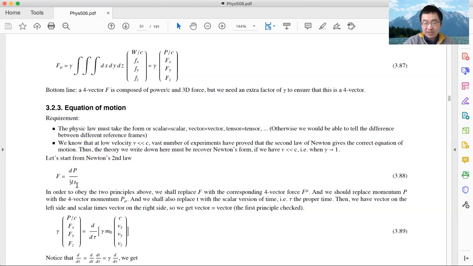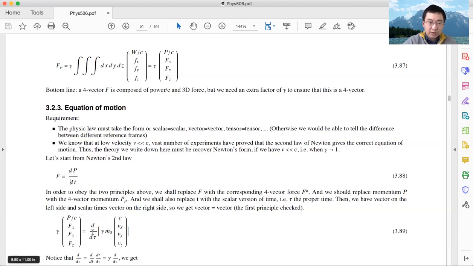We can't use just a regular time, say the lab frame time. The reason is that the lab frame time is not a scalar. It's actually part of a vector. We can't use part of a vector to define an equation of motion. We need to use the whole thing so that we get scalar equals scalar, vector equals vector, tensor equals tensor. So we can't do a regular time derivative.